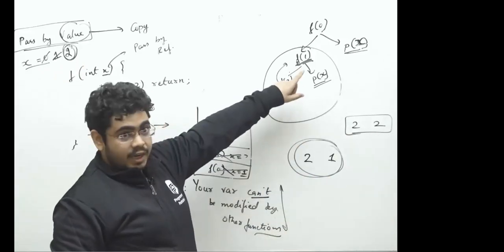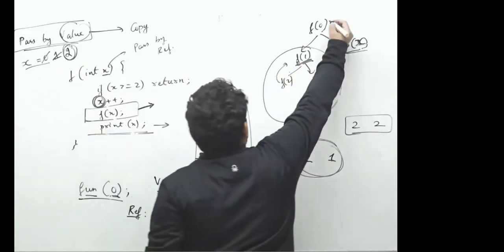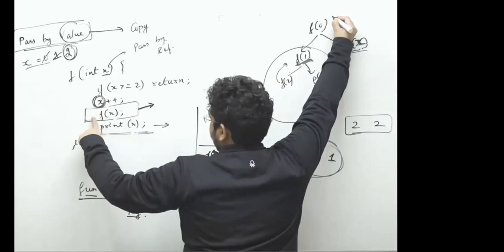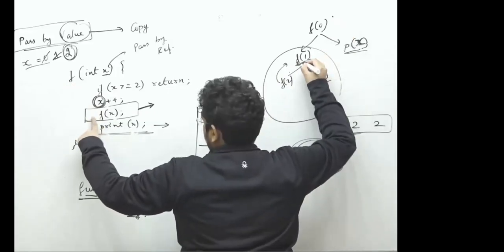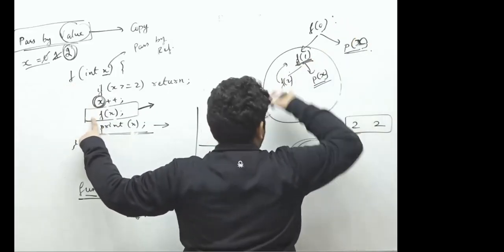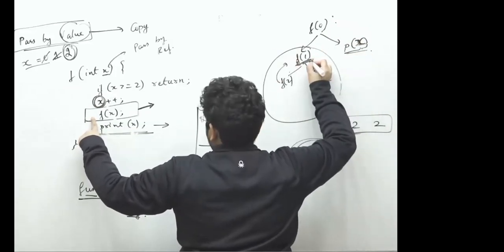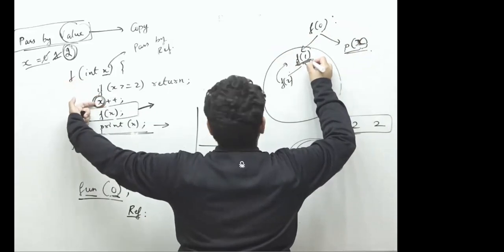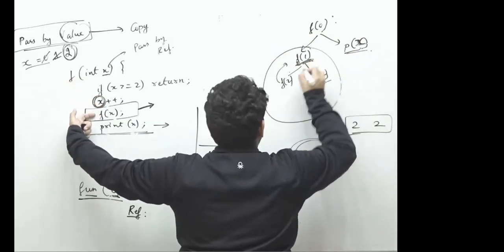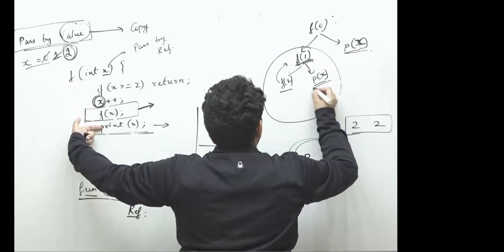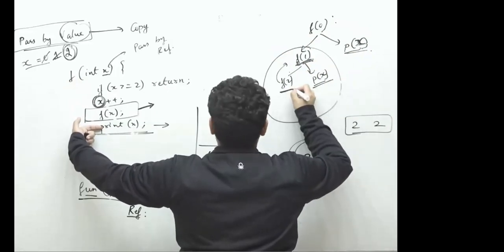If you want to understand via tree, it's like f of 0 is doing 2 steps, calling f of 1 and printing x after this call is complete, whatever is the final value of x. Then f of 1 will again do plus plus, make it x equals 2, call f of 2, and then print the final value of x after f of 2 is complete.